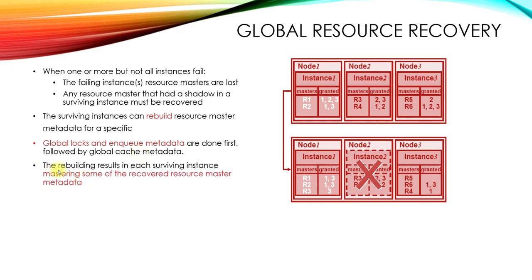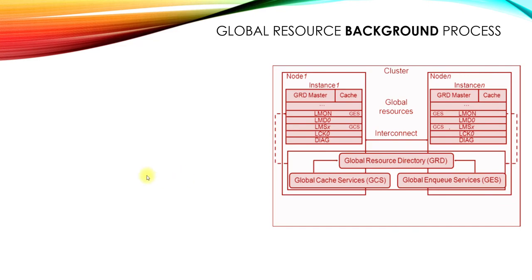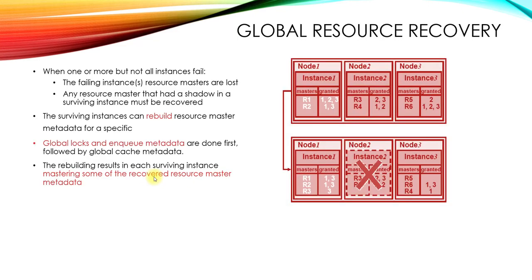Then the rebuilding result in each surviving instance, mastering some of the recovered resource master metadata, and then eventually other things are done. So that's how it's done. So the three nodes, there is a 3-node RAC environment. Every node has specific objects which it is master on.